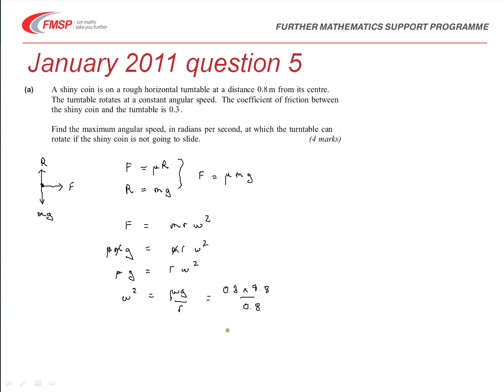And so we can then throw that into our calculator and square root it to find the value of omega, and that will give us 1.92, and of course that's in radians per second, and that answer is accurate to 3 significant figures.